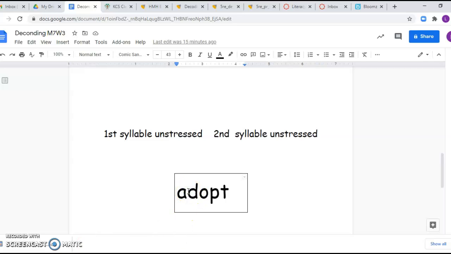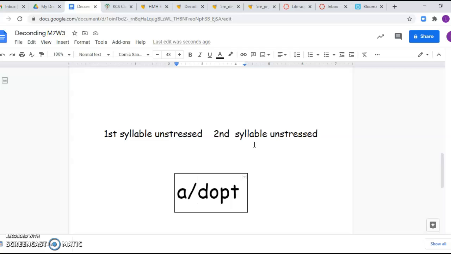So I'm going to put that cursor there, and now I've broken it up into two syllables, okay? Now, just because it has two syllables does not mean that it will go with two syllables that are unstressed. The second syllable is unstressed, okay? You've really got to sound that word out. So I have adopt, adopt.